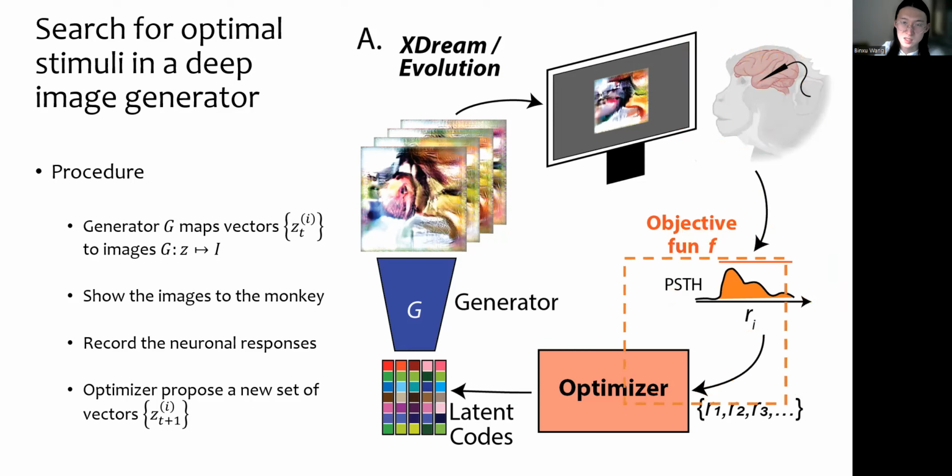Then we count the spikes and use the spike count or firing rate as the score for each latent code. And then the scores and latent codes are sent into the optimizer to propose the next batch of latent codes.